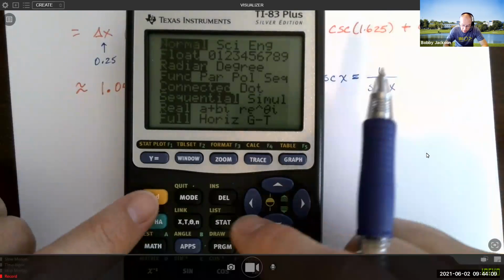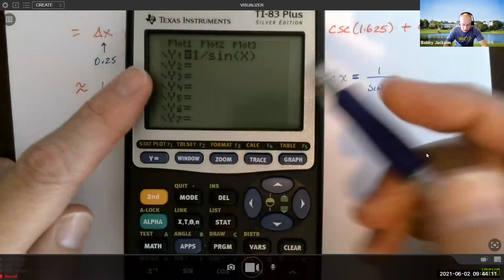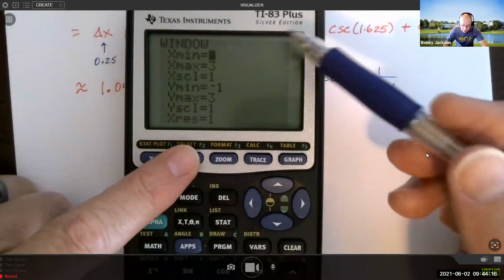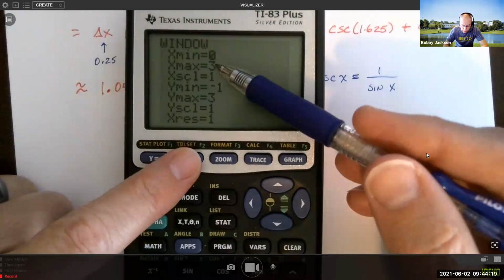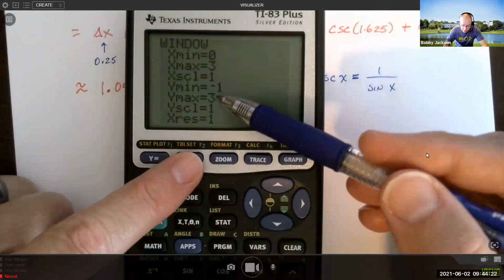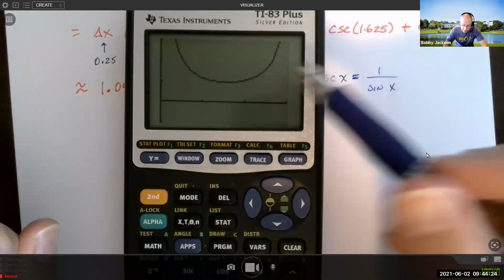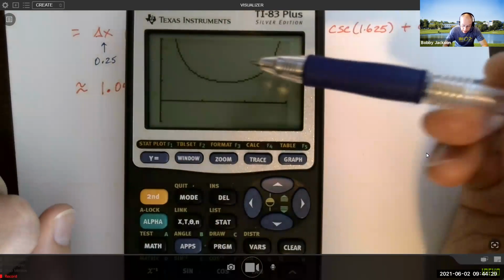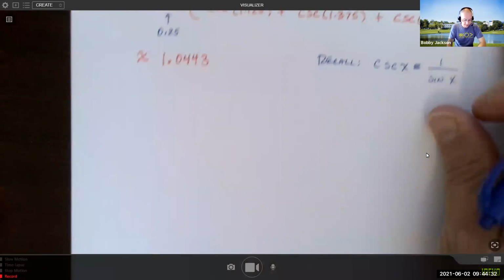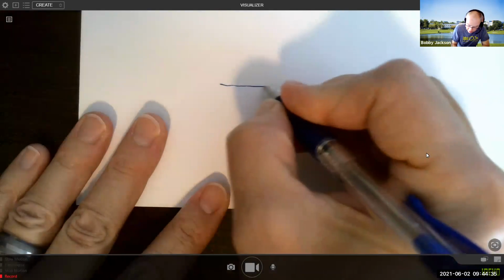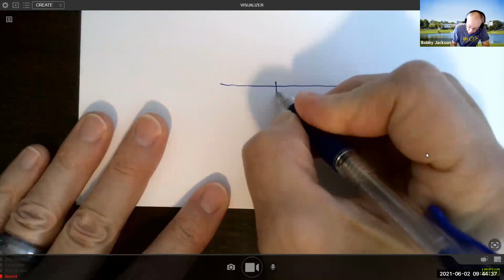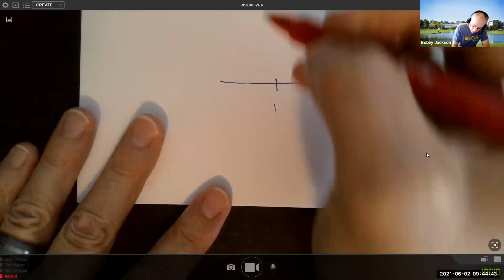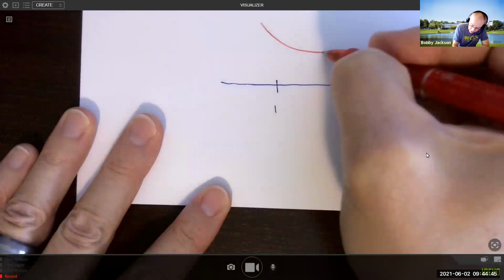Now, graphically, if we took a look at this, I actually entered the function cosecant, which is again 1 divided by sine of x, and graphed it on the interval from 0 to 3, with y going from -1 to 3. I opened up a window to look at that graph, and you can see it's above the x-axis. Here's x equal 1, here's x equal 2. From 1 to 2 the function looks something like this on the calculator.